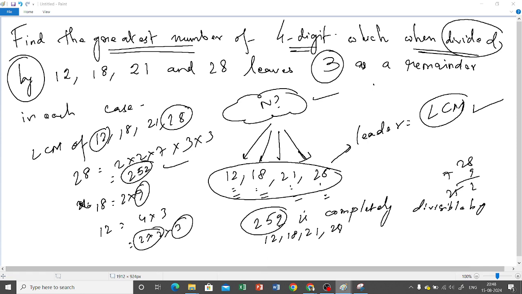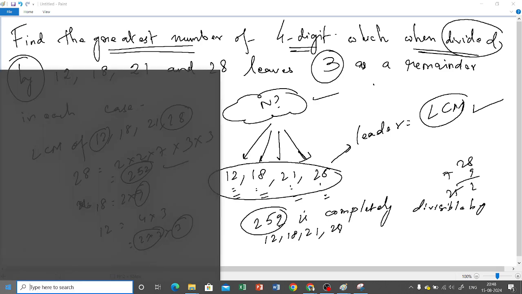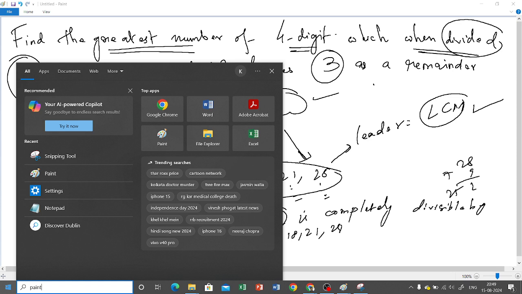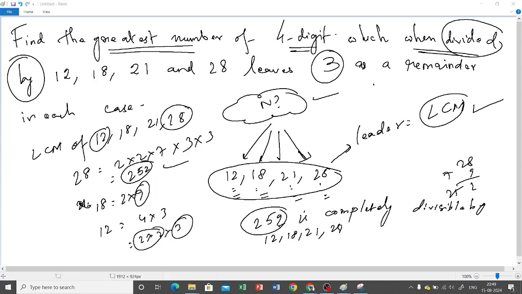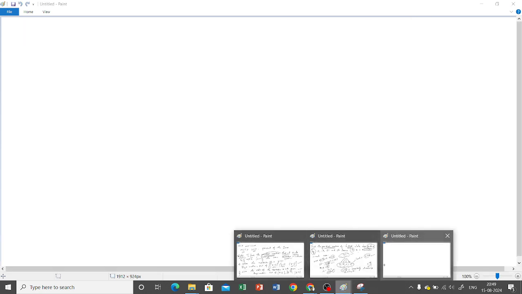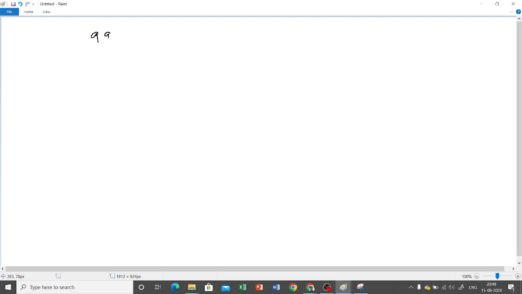So what I need to do? Just divide the highest 4 digit number. So what is the highest 4 digit number? 9999. This is the largest 4 digit number.